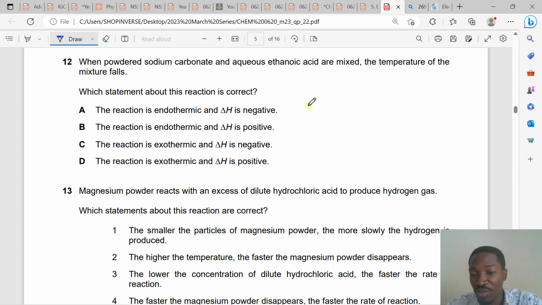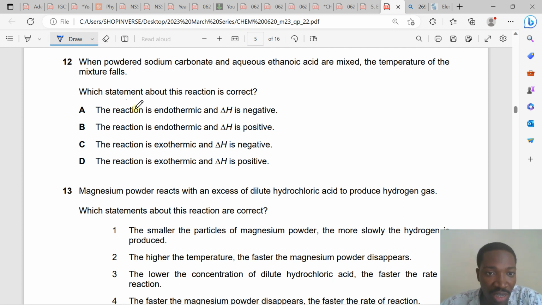Something that absorbs heat from the environment is endothermic, because it is collecting heat. Something that is giving out heat is an exothermic reaction. So since it becomes cold, it's absorbing heat from the environment. Then that is an endothermic reaction.